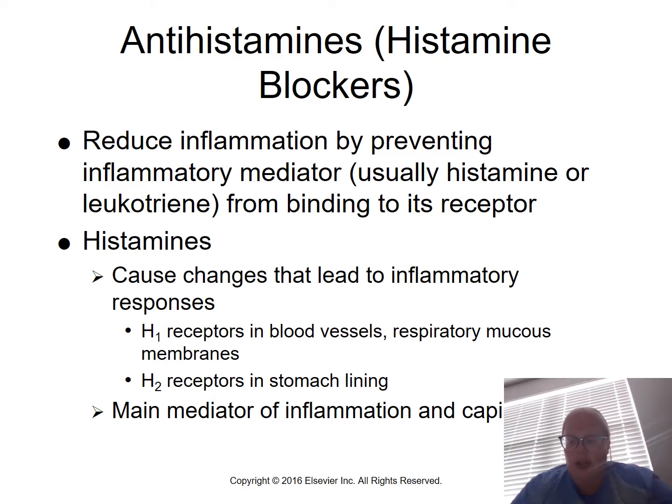So as far as your H1 receptor, when histamine binds to this H1 receptor, tissue changes occur, which cause blood vessels to dilate. They cause swelling, decreased blood pressure, poor heart circulation, narrowed airways, increased mucus production, and also the formation of hives on the skin.